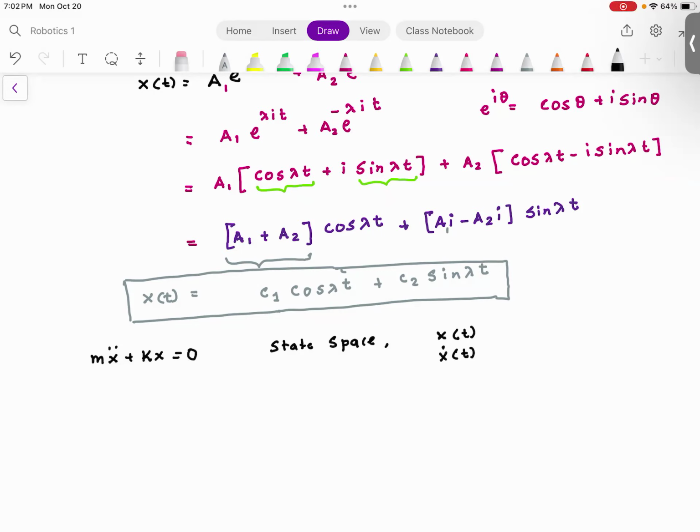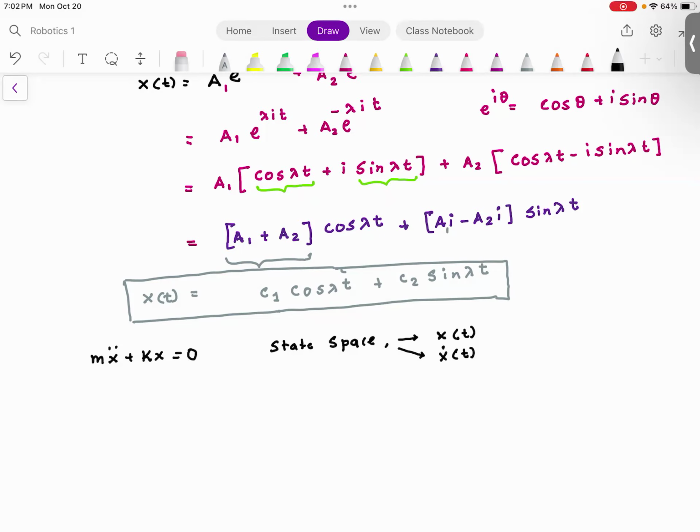Please note, this state space includes x of t and x dot of t, because the highest derivative appearing in this equation is x double dot. So this equation has two state space variables. State space is the technique of representing the differential equation as a set of first order differential equations.